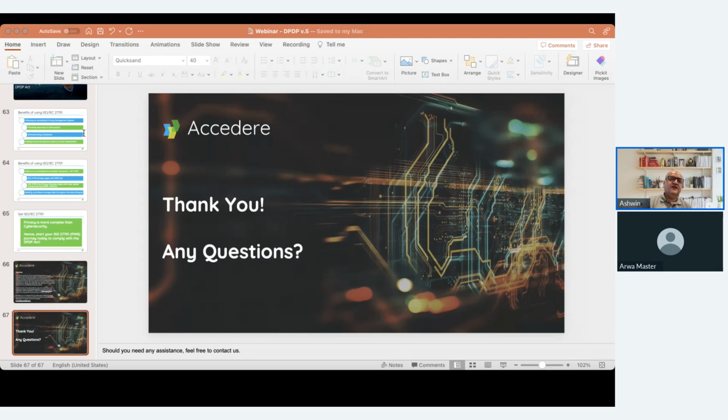Next question is, what is there in the DPDP which is not covered under 27701? Let me answer this at a holistic level. 27701 is not a law. It is a framework that will help you comply with the law. The framework can be customized, adapted, and modified to comply with any specific law.